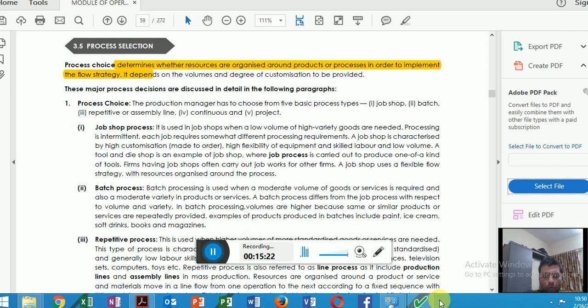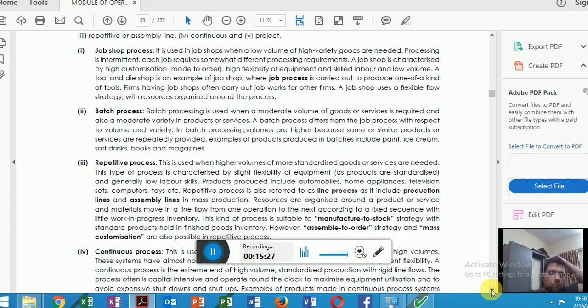As I have told you when I was explaining the meaning of process selection, the first one is the job shop process. What happens here is that in the job shop process, the products which are made are unique in nature. They are not duplicates of each other or are less in quantities. So the processes selected by the production manager should be such that they will vary as the job's parameters or the job's requirement varies.